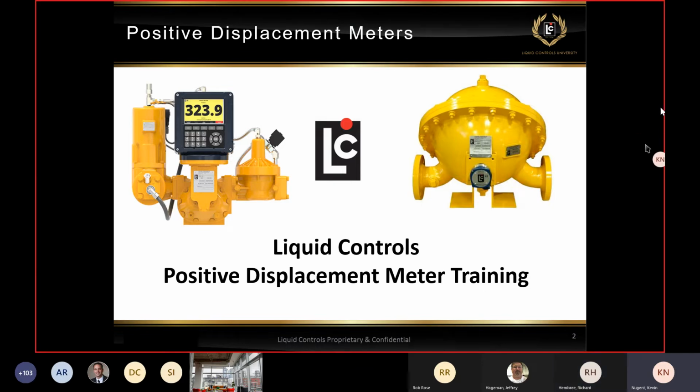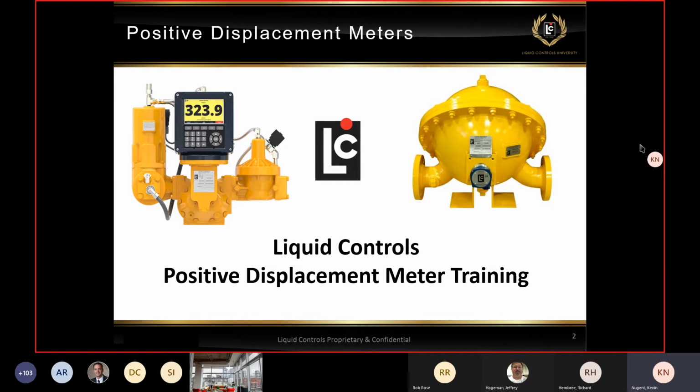Unfortunately, with the technical difficulties, we got off to a late start, so we're going to jump right into the next presentation, where we're going to concentrate specifically on the Liquid Controls PD meter. You see here the M series, in this case specifically the MA series meter.